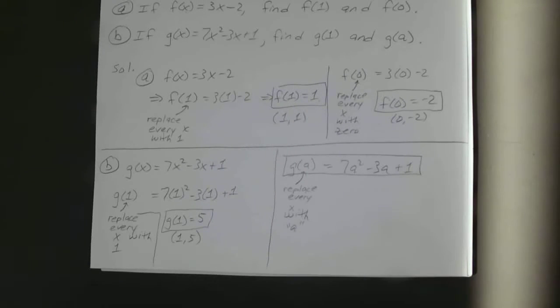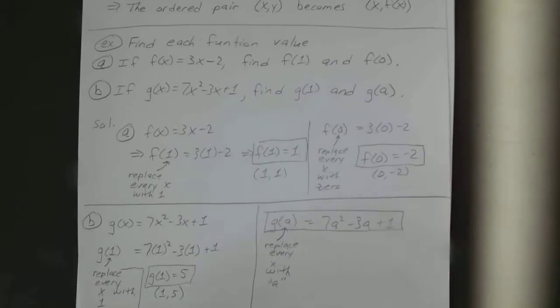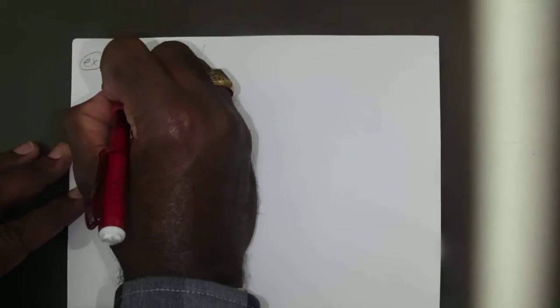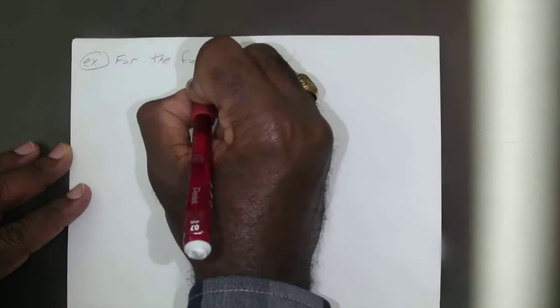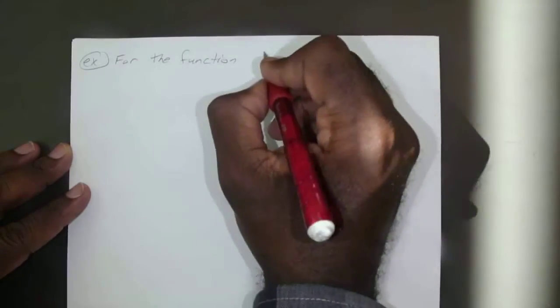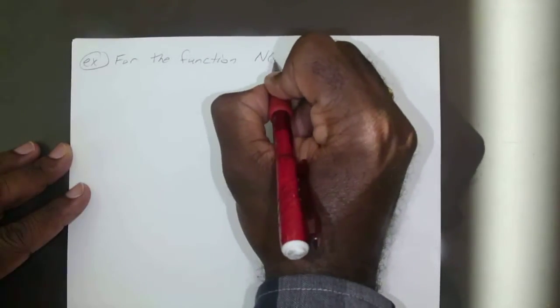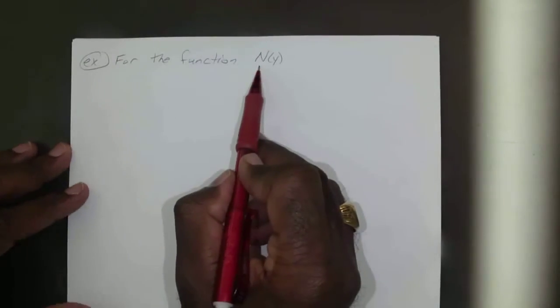So we'll do a couple more examples of that one. So let's say for the function n of y, that could change to anything.